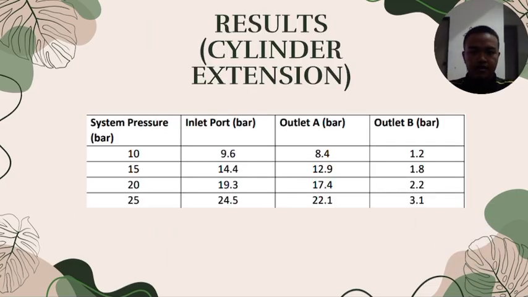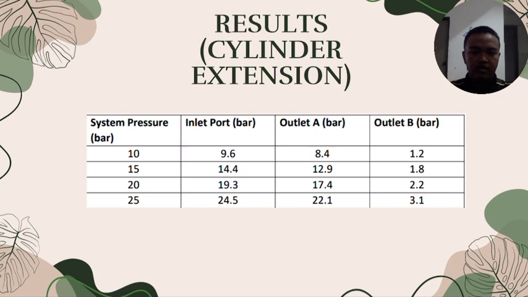Next, results for cylinder extension. Let's look at the actual data for extension. This table breaks down pressures at different points: the inlet port, outlet A, and outlet B. At 10 bar system pressure, inlet is 9.6 bar, slightly lower due to valve losses.